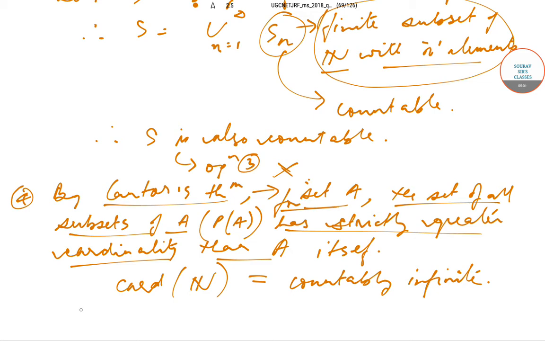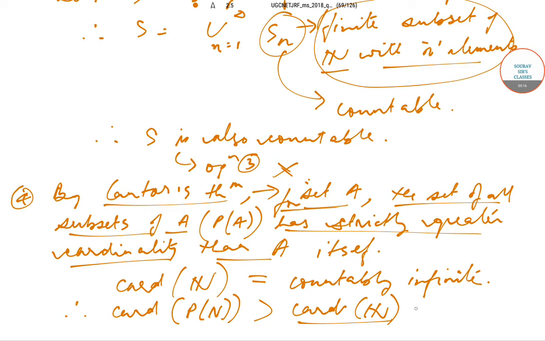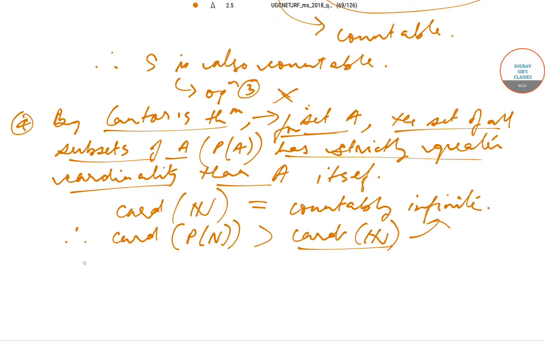So by Cantor's theorem, the cardinality of all subsets of the set N is greater than the cardinality of the set N itself, which is countably infinite. So therefore the cardinality of the subsets of N is greater than countably infinite.